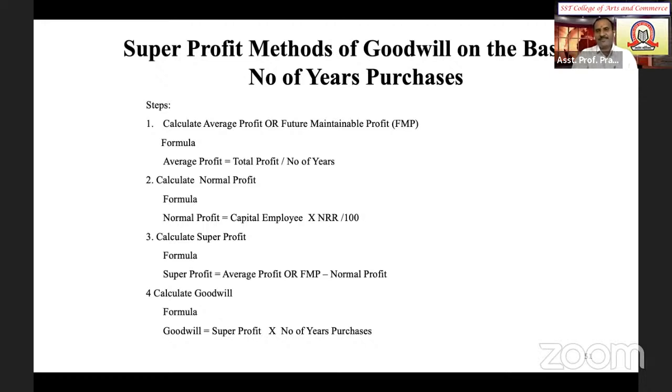So every step is connected with each other. Steps number 1 and 2 are connected with step number 3, and step number 3 is connected with step number 4. So that topic is based on formulae. You must remember all these formulae, because many times the question will ask on goodwill for 8 or 7 marks. This time also the university will ask a question on goodwill, either 15 marks or 7 or 8 marks.